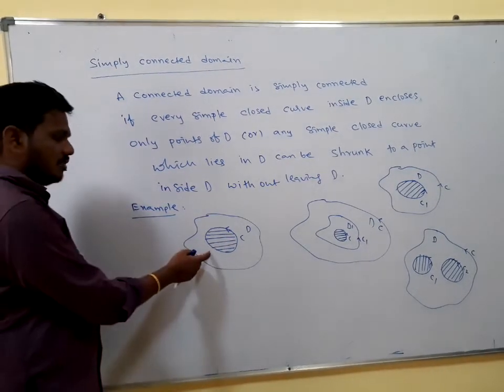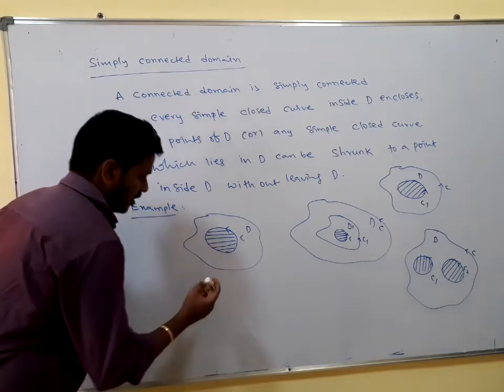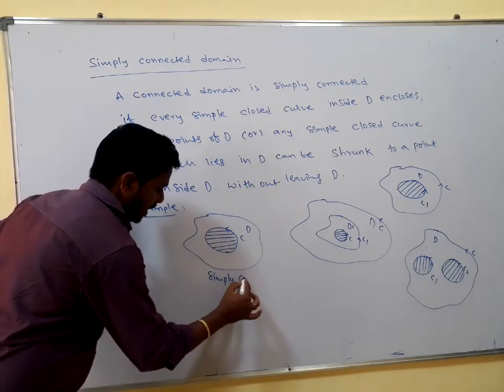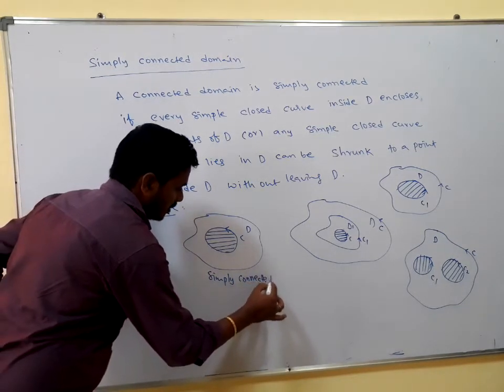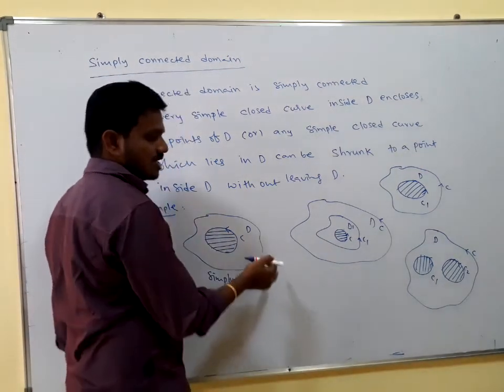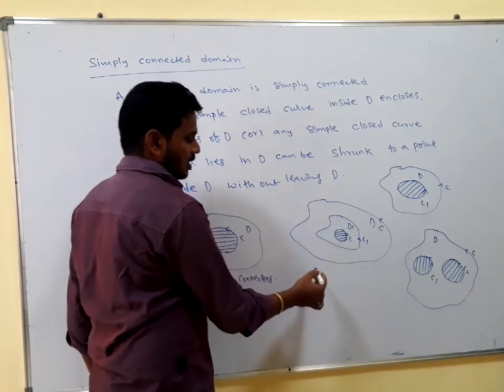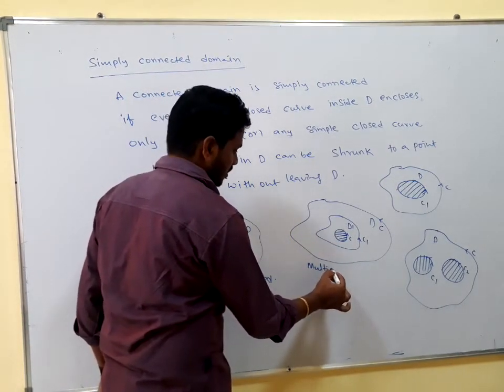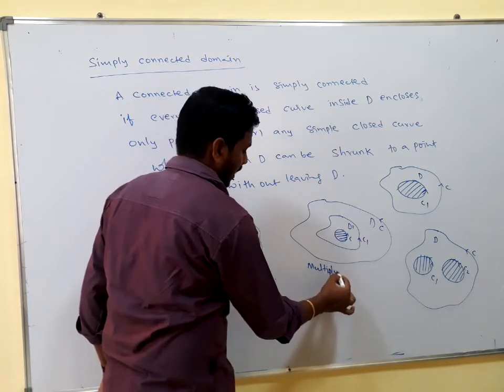If you see this example, this is a simply connected domain. Here if you see this example, it is not simply connected, there is a hole. It is a multiply connected domain.